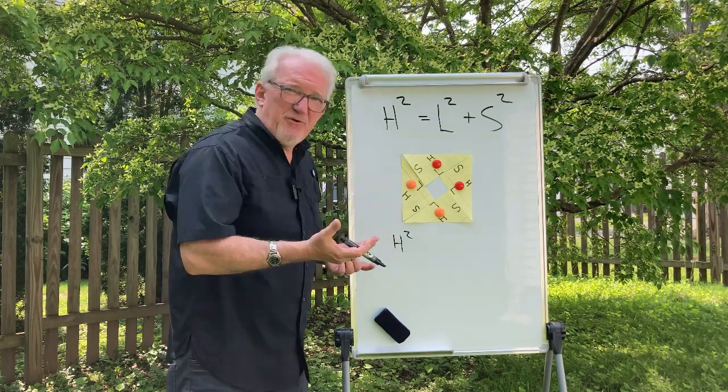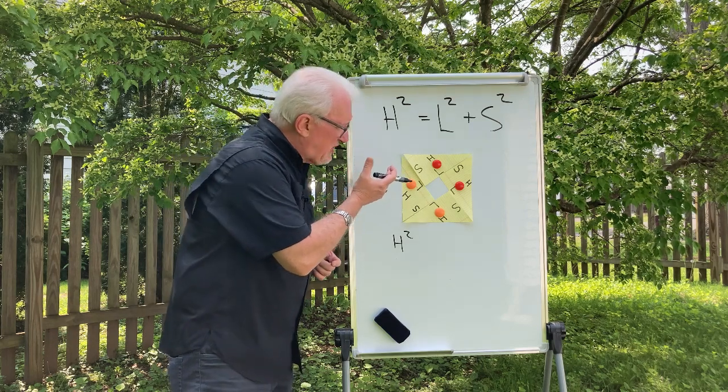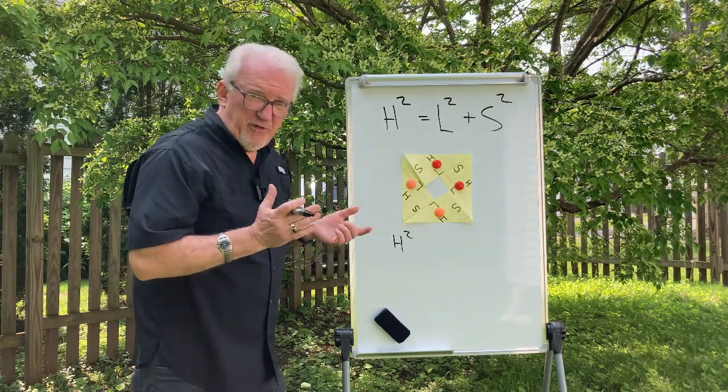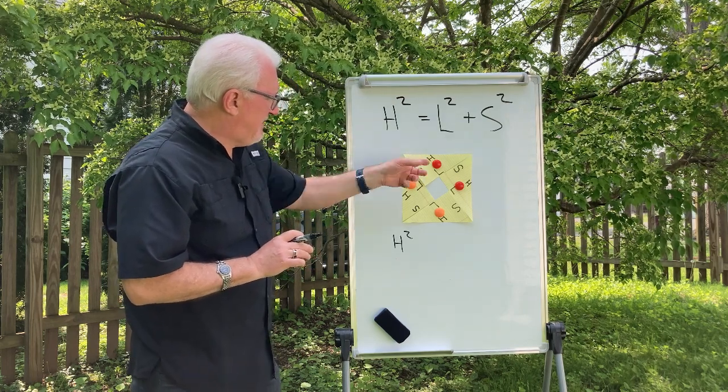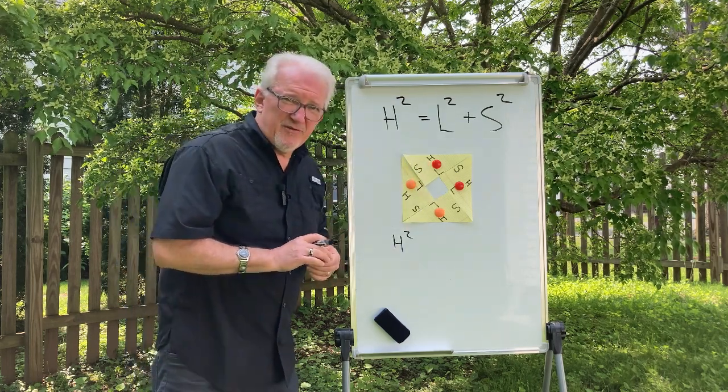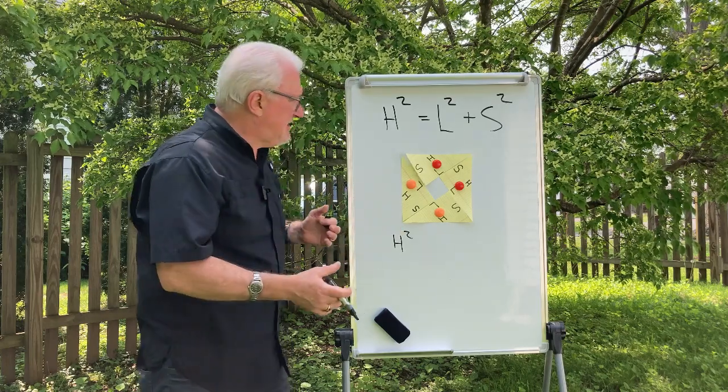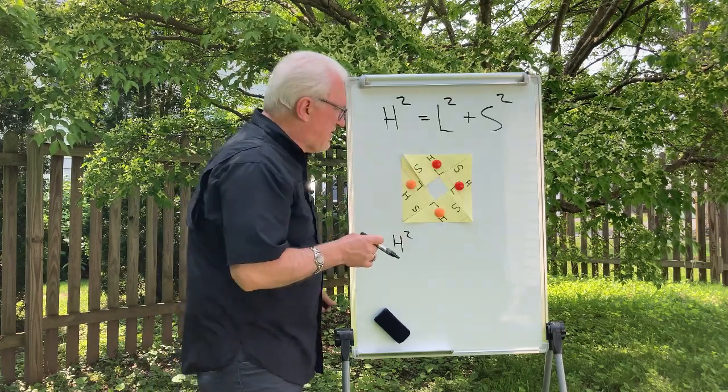But I can also express the area of the entire square, including the centerpiece, as the sum of the areas of the triangles plus the area of that center square.